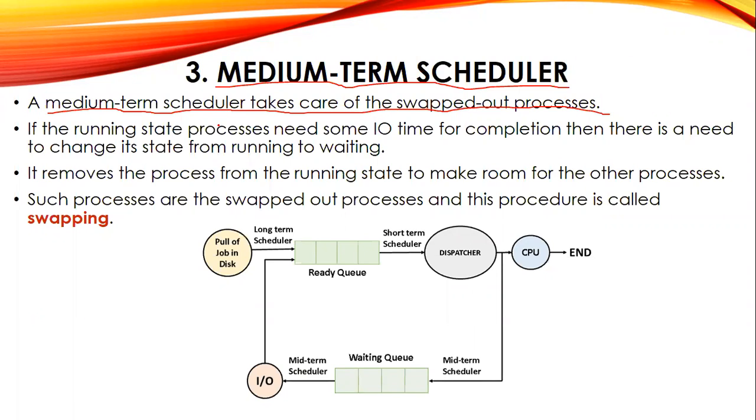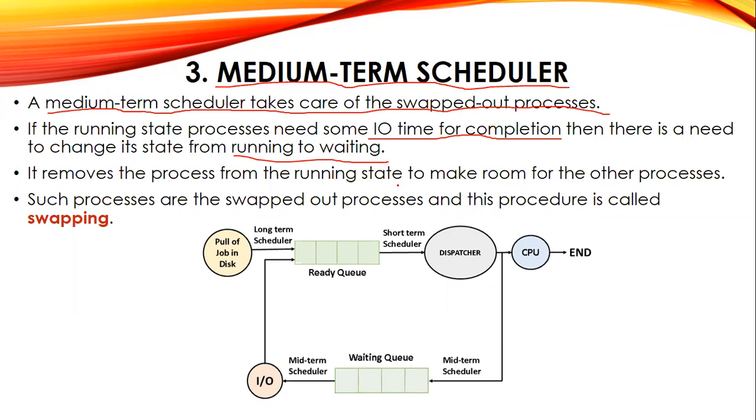If the running state process needs some input output time for completion, then there's a need to change its state from running to waiting. We discussed it in last lecture. It removes the process from the running state to make room for the other processes.